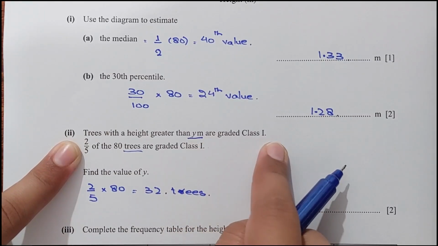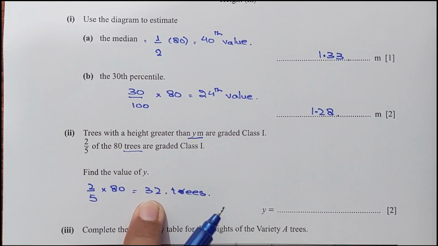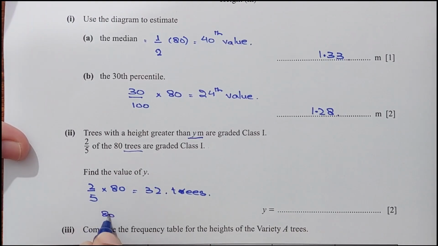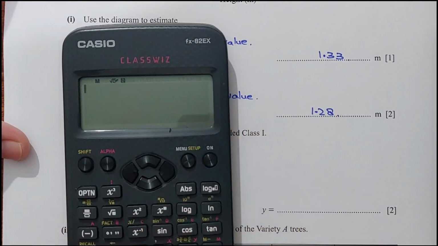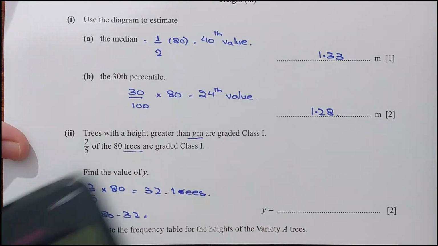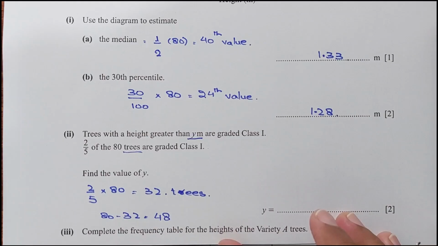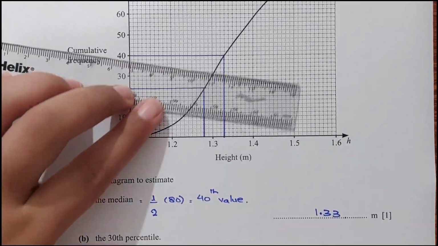So from 80 trees we have to subtract 32. 80 minus 32, we can find out the reading. 80 minus 32 is 48 trees.